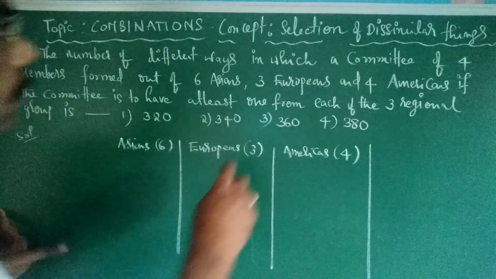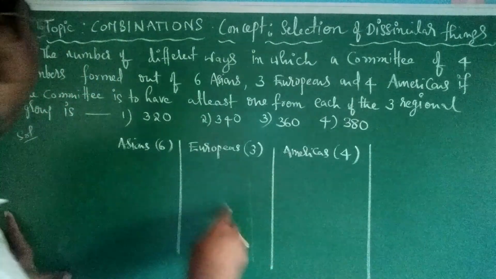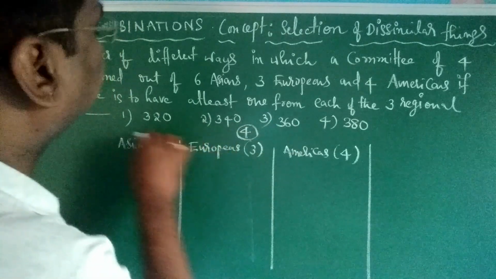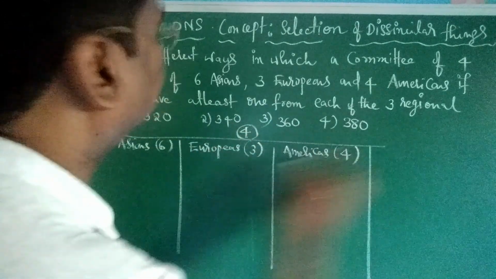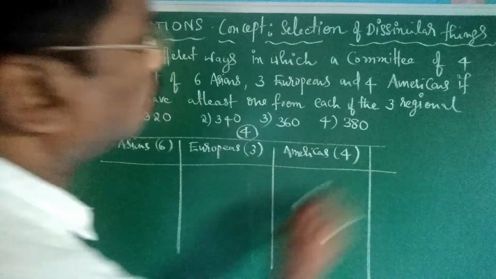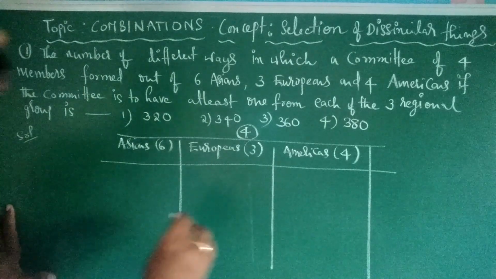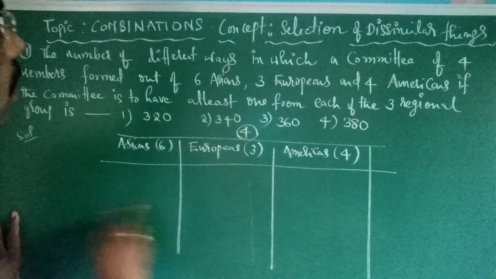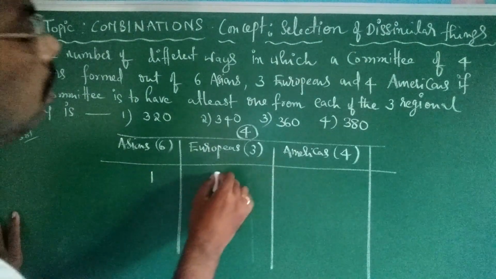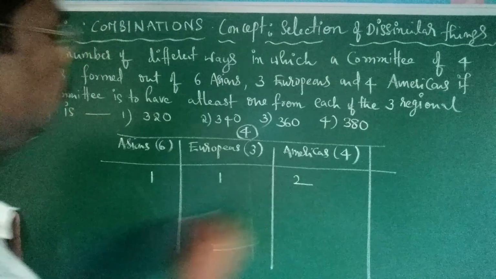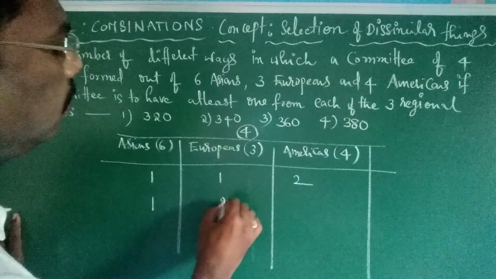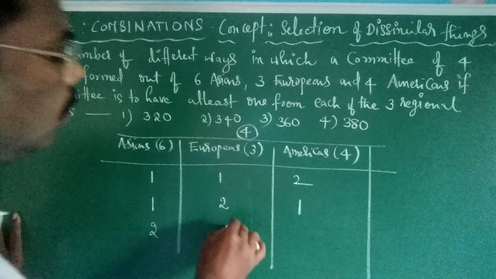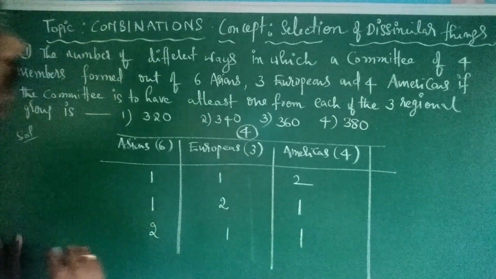Now a committee has 4 members. At least one from each of the 3 regional groups, so the possible splits are 1, 1, 2; 1, 2, 1; and 2, 1, 1.